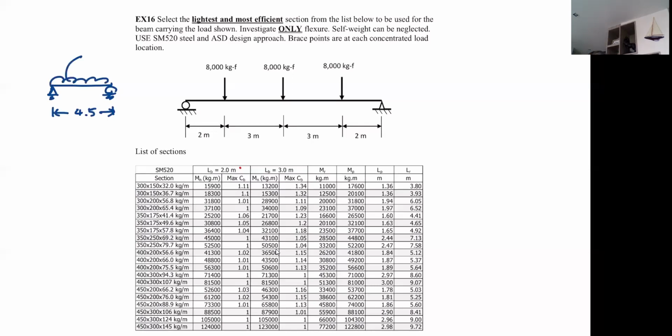Then you're going to have your uniform load. Now, your CB is going to help somewhat, right? So we can also take CB into our consideration to help our design value as well.